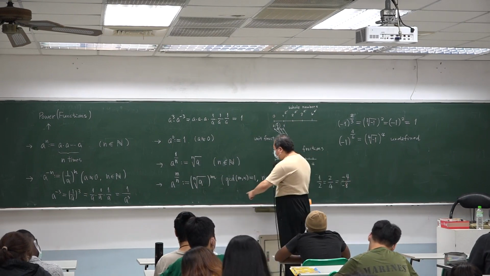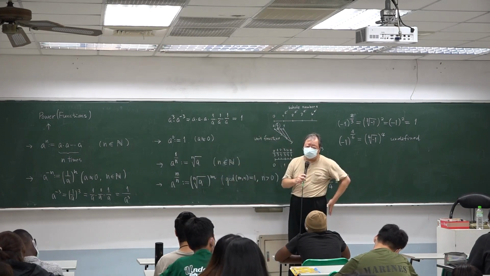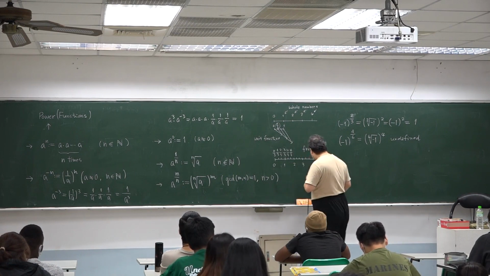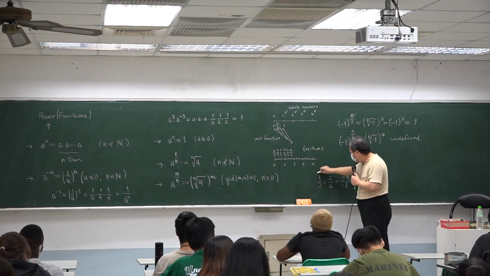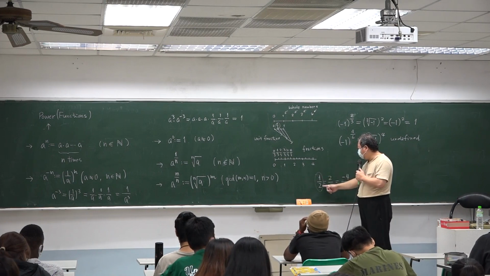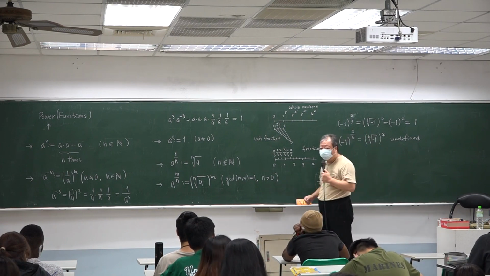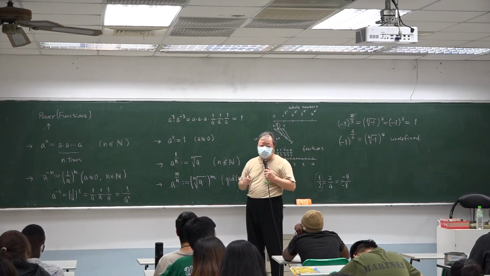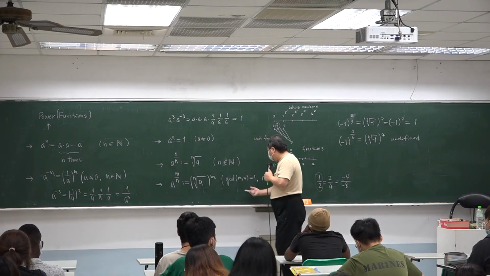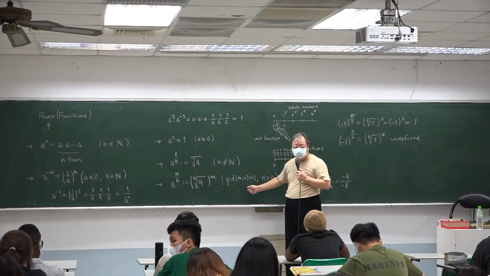So here, we require this fraction in its lowest term, I mean already reduced to the simplest, as small as it can be. And this expression is unique. There is only one way to express a fraction satisfying these two conditions.